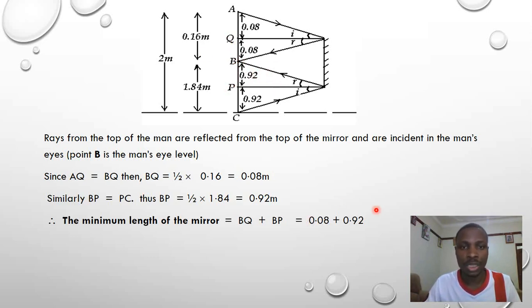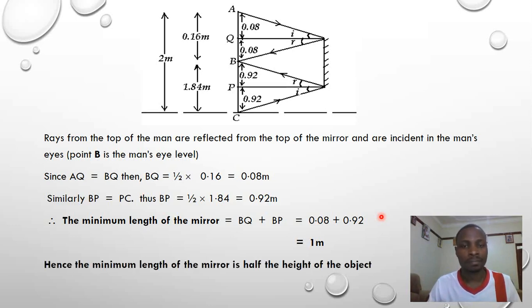And if we add the two, we shall get 1 meter, which implies that the minimum vertical length of the plane mirror for the man to see the whole of himself is going to be 1 meter, which is half of the 2 meters. So in conclusion, we shall say that the minimum vertical length required to see an object completely is always going to be half of the height of that object.